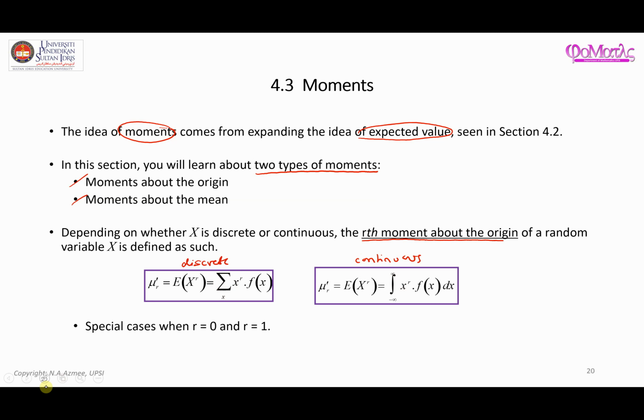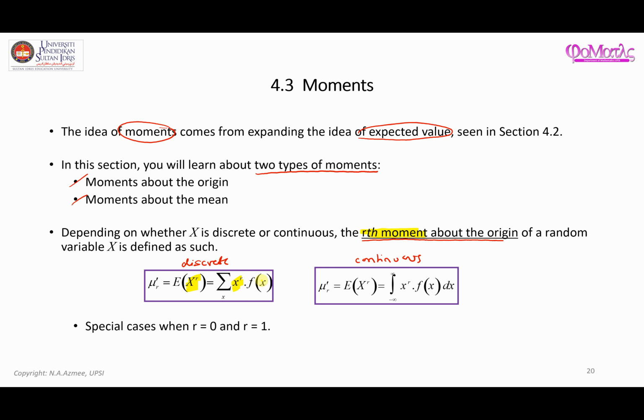So what is the rth moment? You have our random variable x raised to the power of r, and when you want to find its expected value, we just plug this term in right next to our f(x).